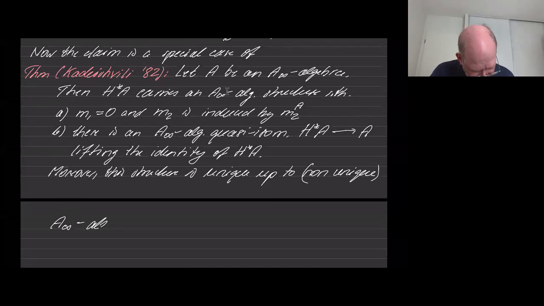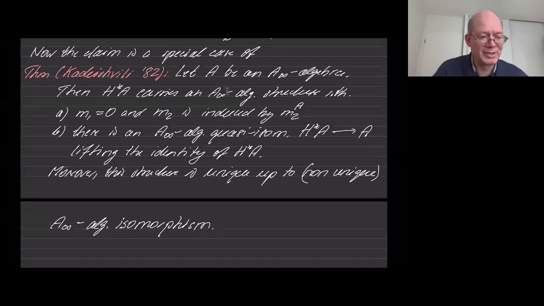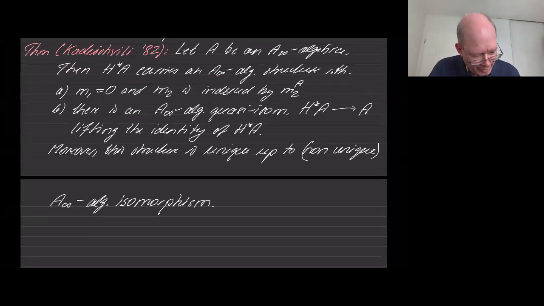So if you like, it's the same type of uniqueness as you have in a minimal projective resolution. You have uniqueness up to isomorphism, but the isomorphism itself is not quite unique. And here I have been using the notions of A infinity morphism and quasi-isomorphism. These are non-trivial notions, and I will define them in a moment.